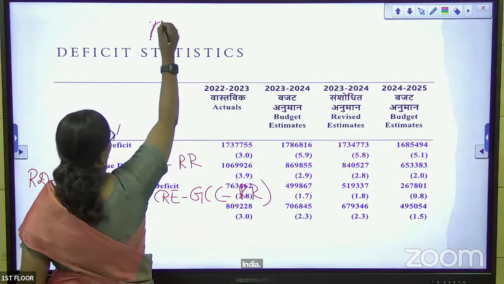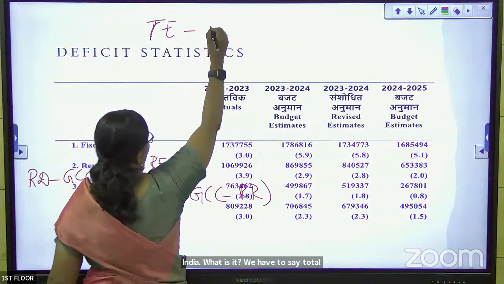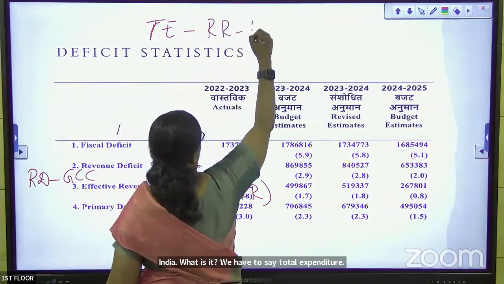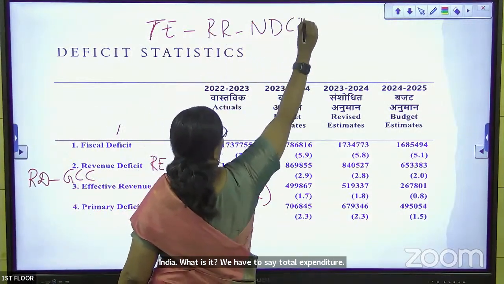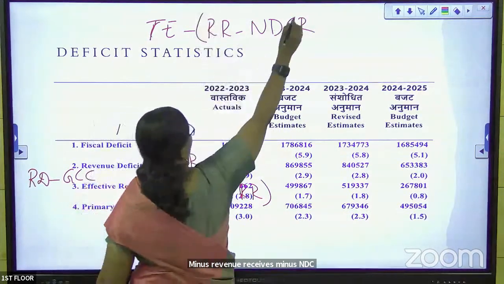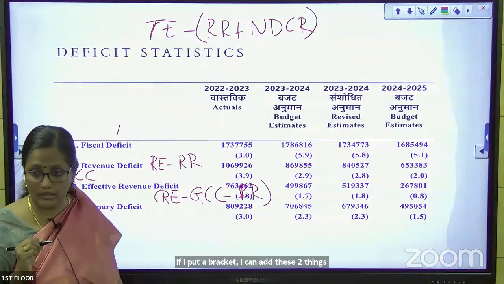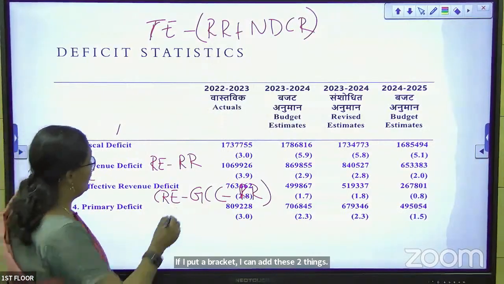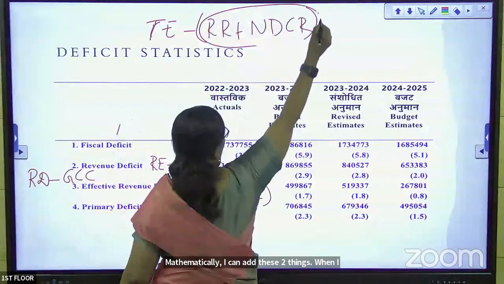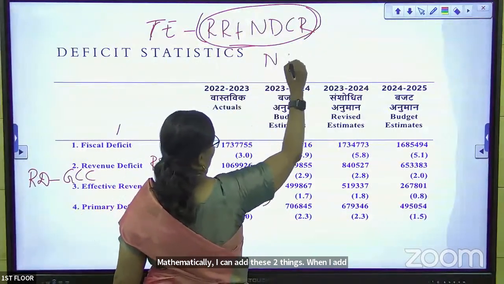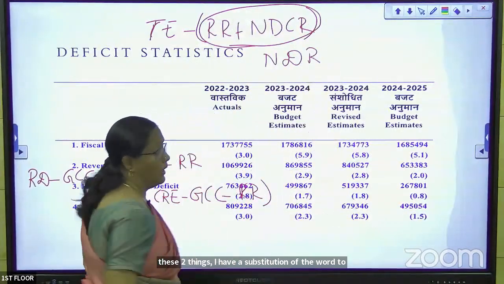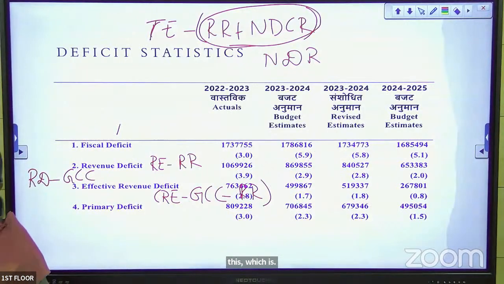We have to say total expenditure minus revenue receipts minus NDCR. If I put a bracket, I can add these two things. Mathematically, I can add these two things. When I add these two things, I have a substitution of the word, which is non-debt receipts. It is non-debt creating capital receipts.